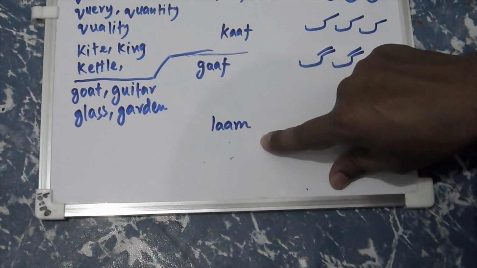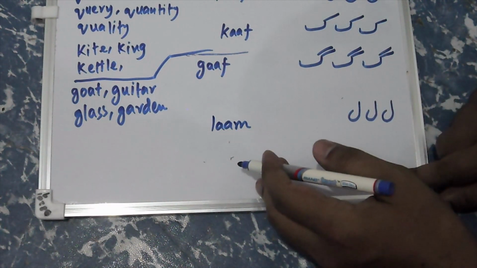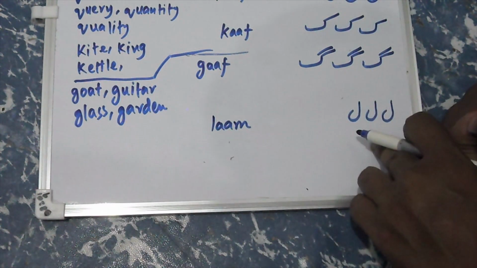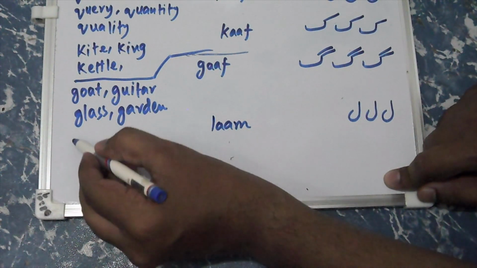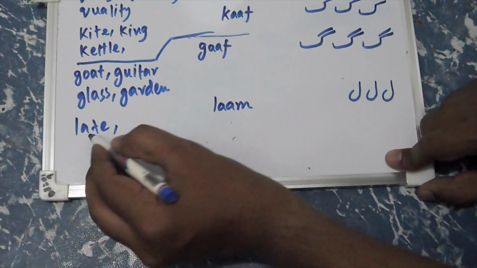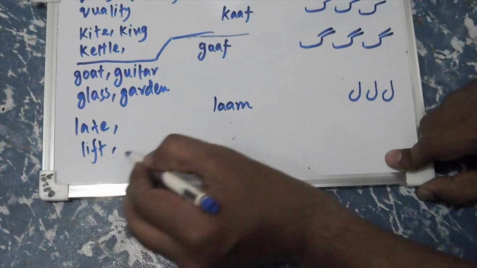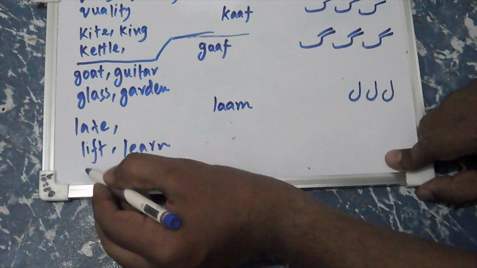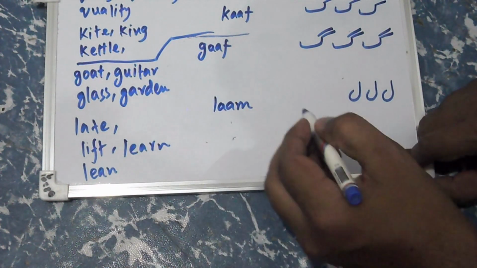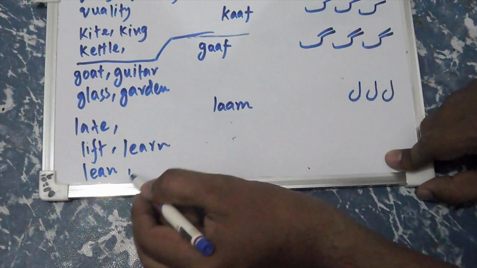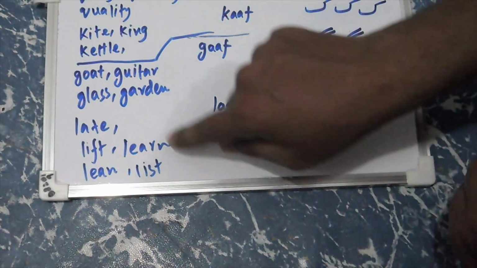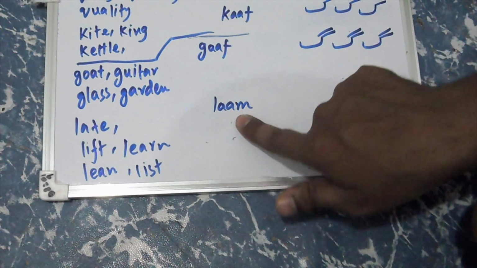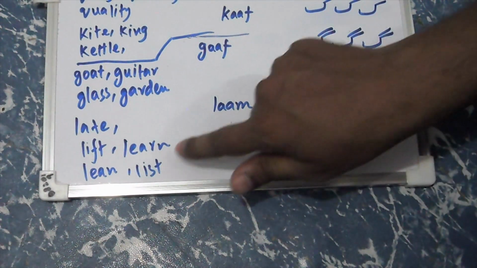And the words of English language which contain the sound of this lam are late, lift, learn, lean, list. So these are a few words which contain the sound of lam in English language.